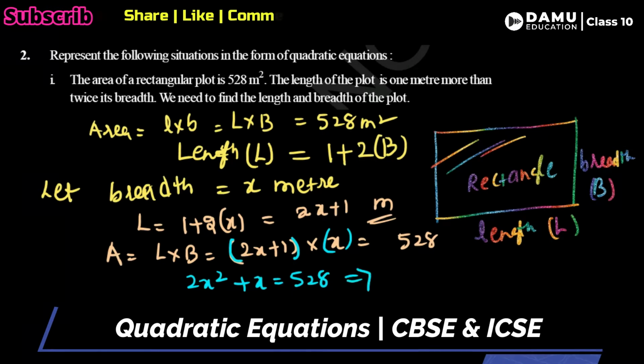That implies 2x square plus x minus 528 equals 0. So we have framed the quadratic equation. Like this we have to find it.